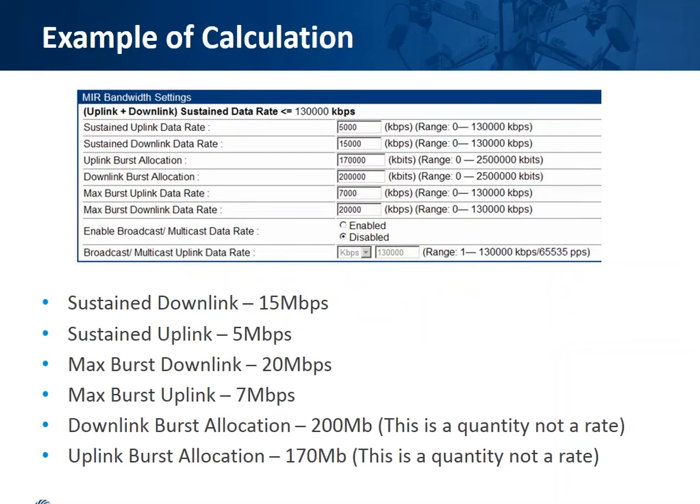Now, the biggest thing to remember is that the allocation is not a rate, it's a quantity. This is actually the amount that's filling the bucket. And then we have our max burst uplink and max burst downlink data rate, set to 7 megs and 20 megs respectively.